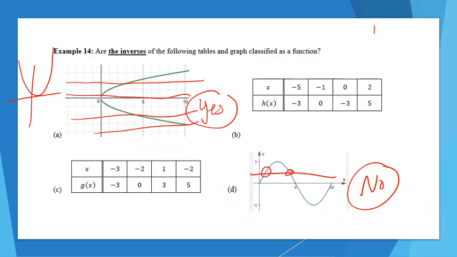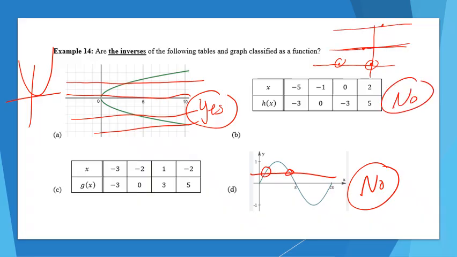Now let's take a look at B. If we graph B here, you have -5, -3, you have -1, 0, you have 0, -3, then you have 2, 5. Here, they would have 2 points that break the horizontal line test, so no, this would not be considered a function.